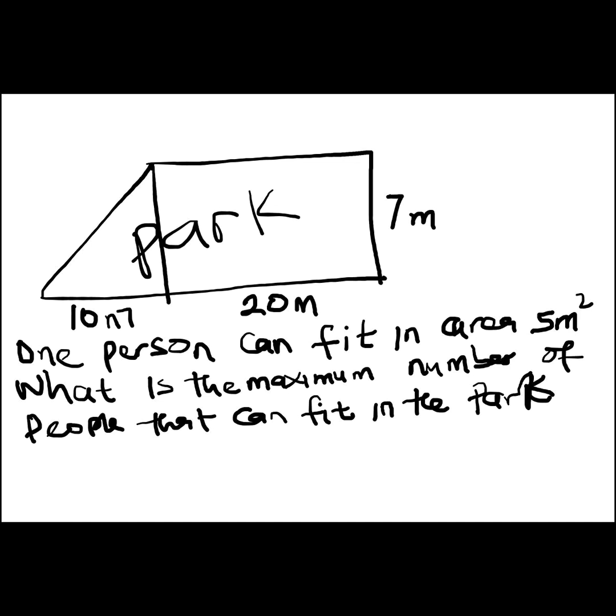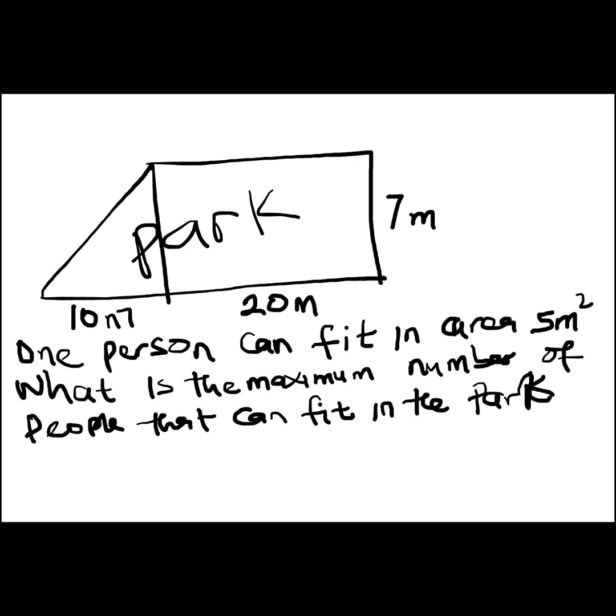The triangle, you have to use 10 times 7. 10 times 7 gives you 70, then divided by 2, so it gave you 35.